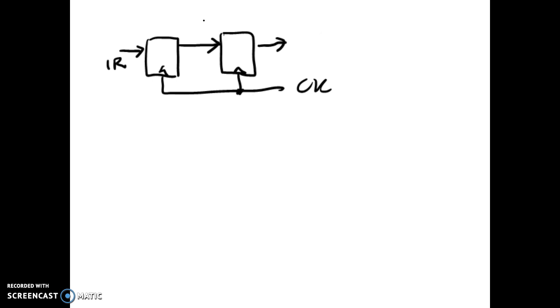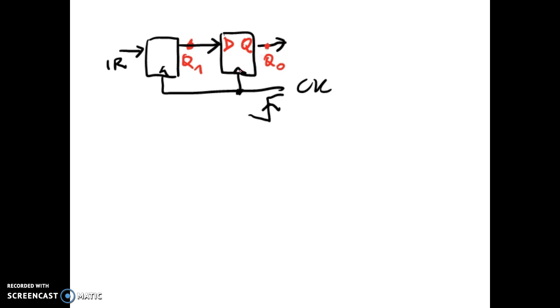Okay. If you clock, let's say by triggering with the rising edge, this information, let's call it Q1, will be copied, transmitted to Q0. Because D will be Q1 and will be transferred to Q0.